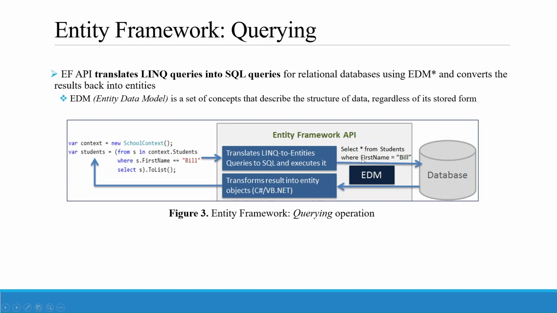So the resulting SQL query will be like this one: select star from students where first name equals Bill. The database will return maybe some results, maybe no results if there are no students with this first name. And it will transform the results from SQL into C# entity objects. And these results, we can assign to the variable students.